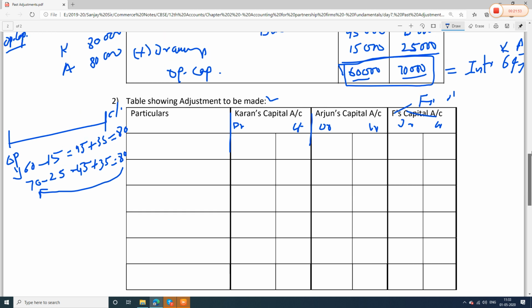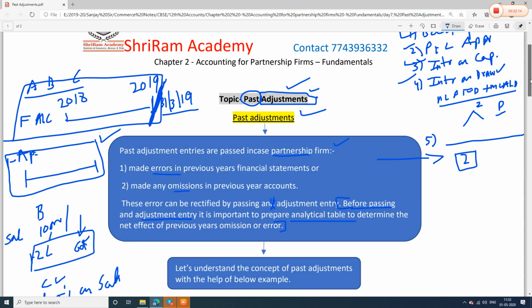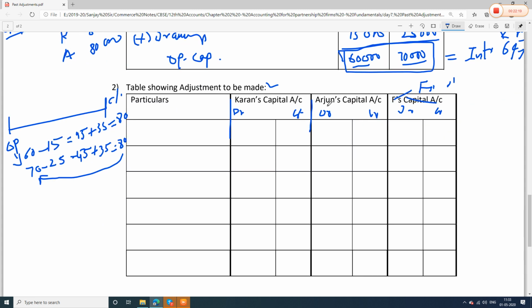In our study notes we covered basics, profit and loss, interest on capital, interest on drawings, and methods of capital account, where I explained the fixed capital method and the fluctuating capital method. Like that we have made these small capital accounts of Karan and Arjun.